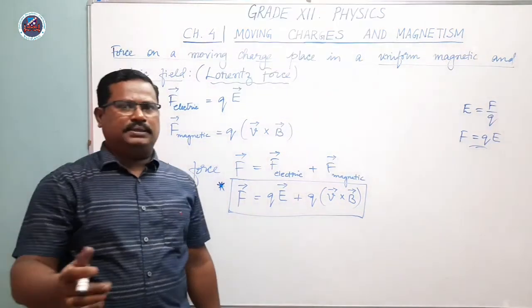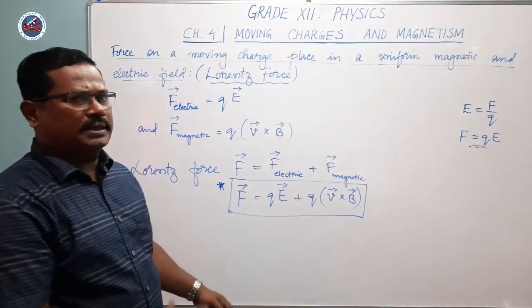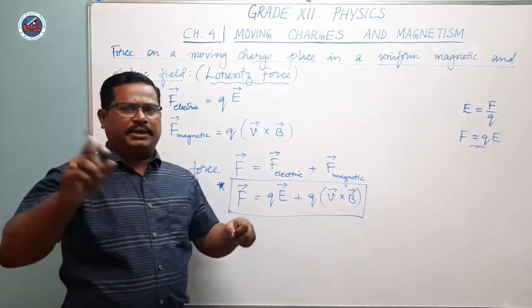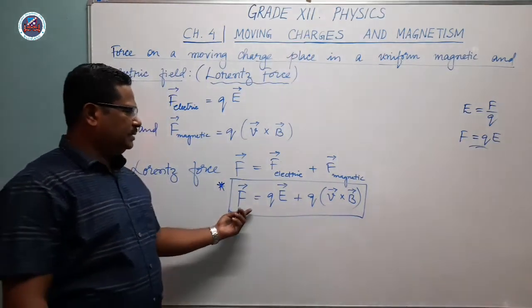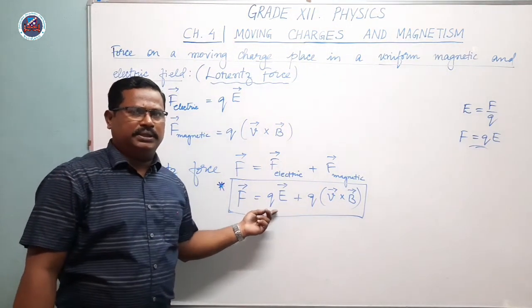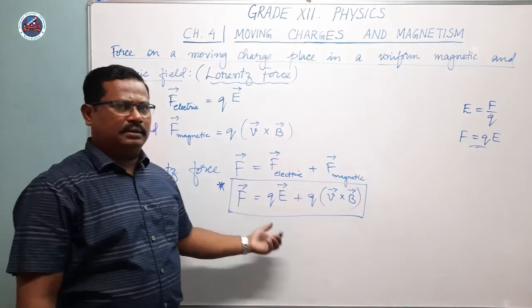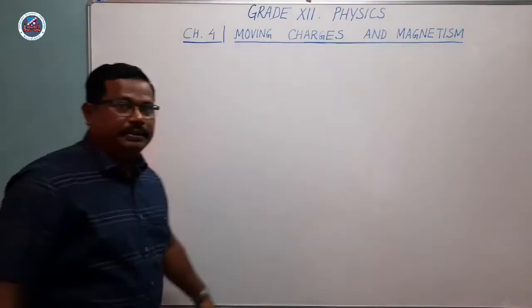So if it is asked in the exam, what is Lorentz force, then you should be clearly able to say that the sum total of both electric as well as magnetic force we call it as Lorentz force. It is expressed mathematically as F is equal to QE, that is for electric force, and QV cross B, that is for magnetic force.